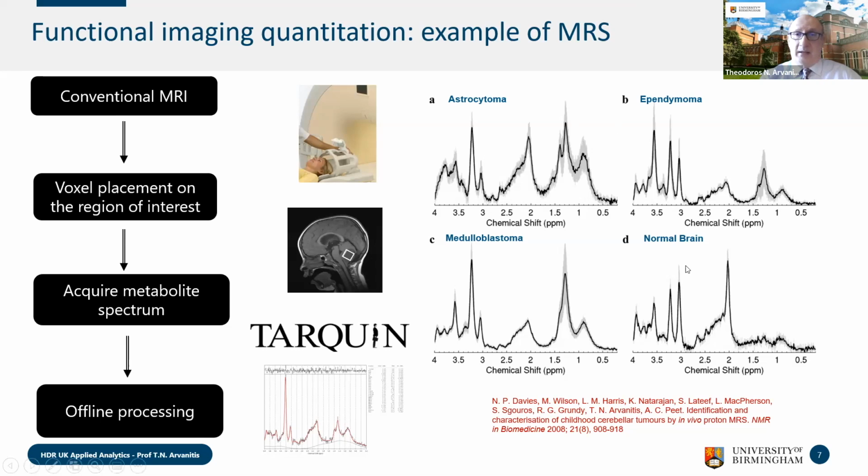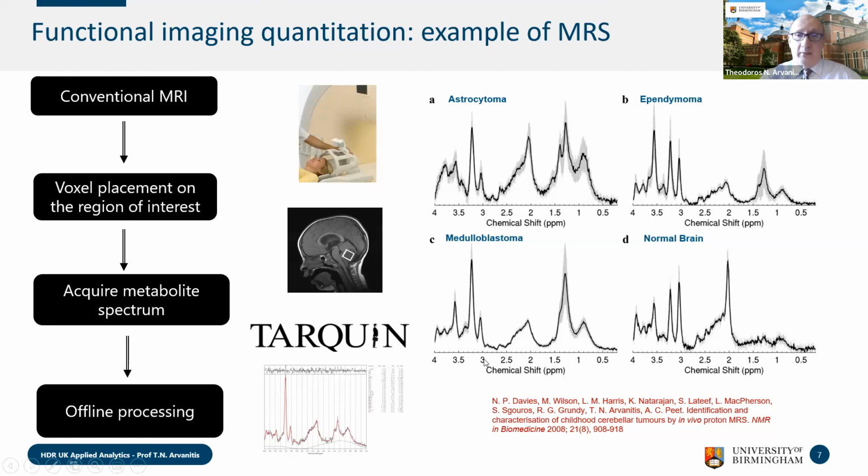Just again, coming back to the three typical groups of different tumor types we have in children. As you can see, this is a typical spectrum of a normal brain where we have important metabolites like this peak here, which is NAA, which tells us about the health of our neurons, choline, creatine, inositol, and lipids, which tell us more about the metabolism of the brain.